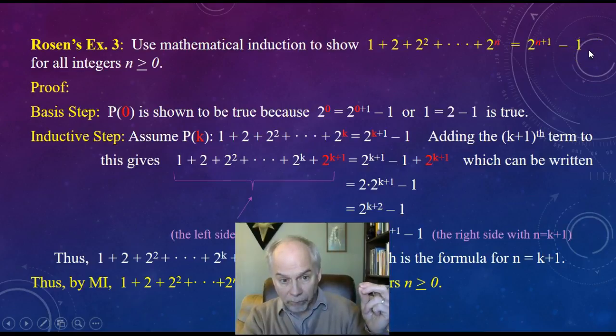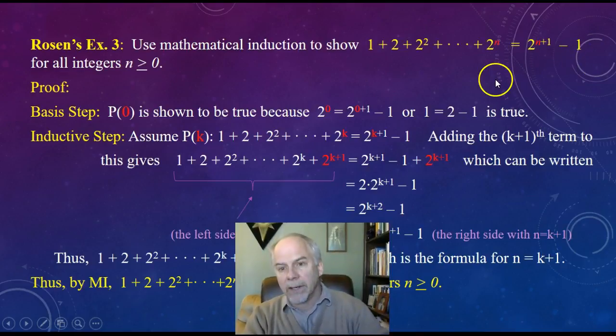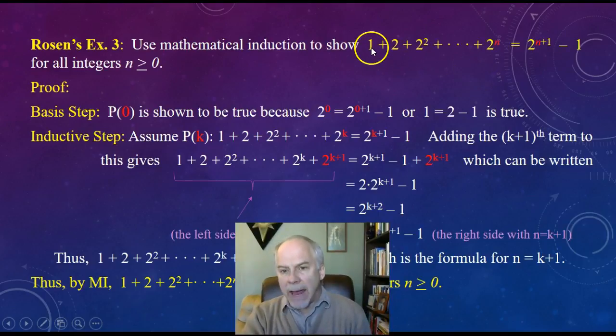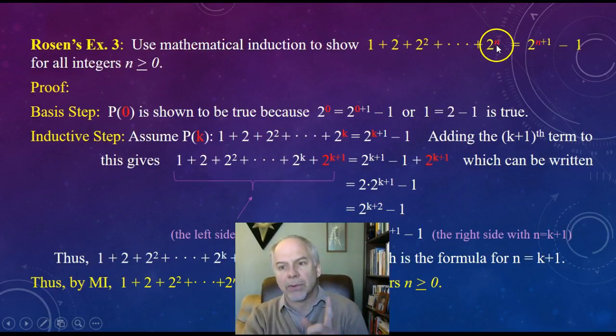Like, for example, if we had n equal to 3, then we would add up 1 plus 2 plus 2 squared all the way to 2 to the third power. So what's 1 plus 2? Well, that's 3. Plus 4 is 7. 7 added with 8 is 15.